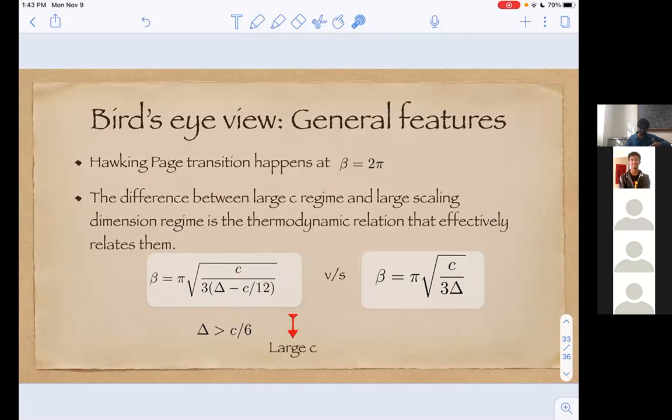And then you can naively argue that β less than 2π is the thermal regime, and this precisely tells you that the thermal regime has to correspond to Δ greater than c/6. So here it is important because naively we expect that the BTZ threshold is Δ = c/12. So the BTZ black hole starts to exist after this, but only after Δ greater than c/6 does this black hole start to dominate the canonical ensemble and we have a universal result.